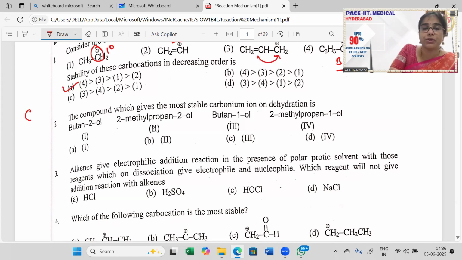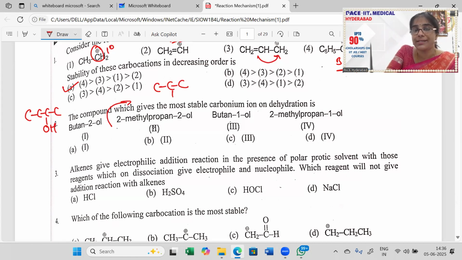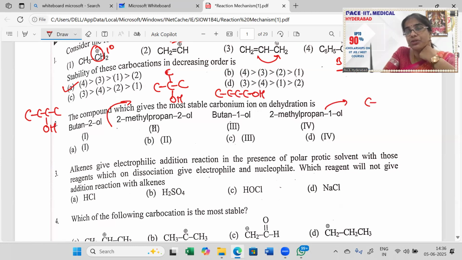Butan-2-ol: draw 4 carbons with OH on the second position. 2-methylpropan-2-ol: the second position has OH, and on the top a methyl group. Then butan-1-ol, 1, 2, 3, 4 with OH group, and 2-methylpropan-1-ol, where the second position has methyl and the first position has alcohol.